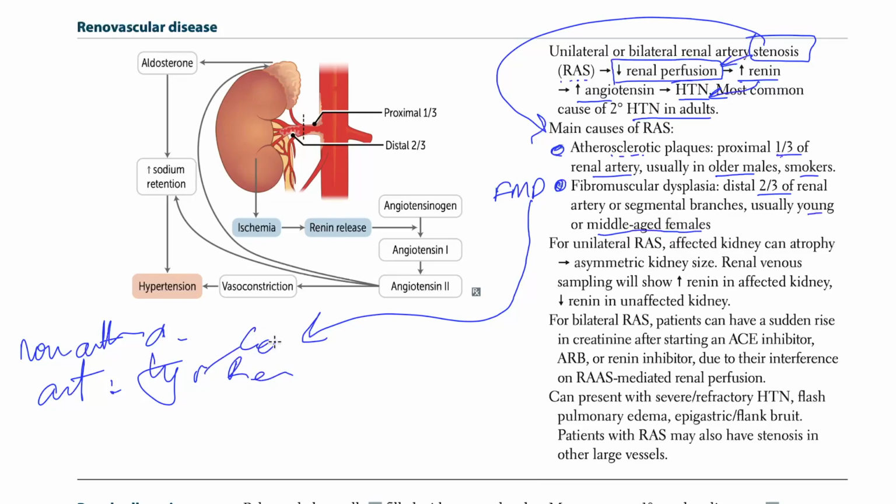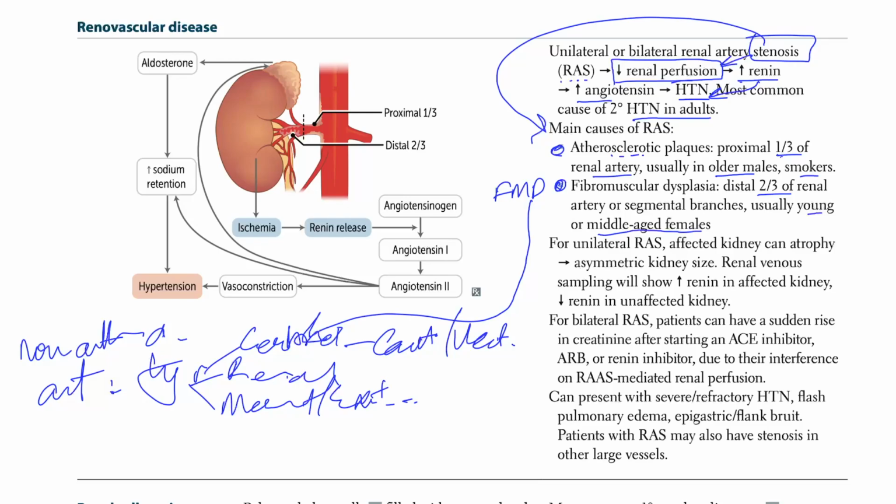the cerebral artery. In cerebral, we're talking about the carotid or the vertebral arteries, renal artery, and the mesenteric or the extremity arteries.